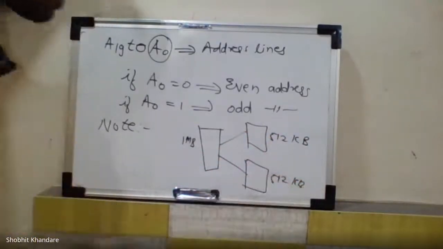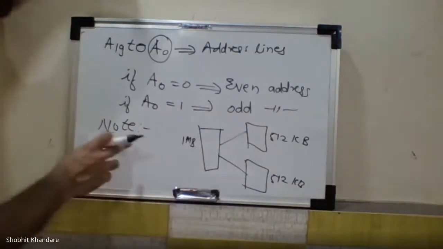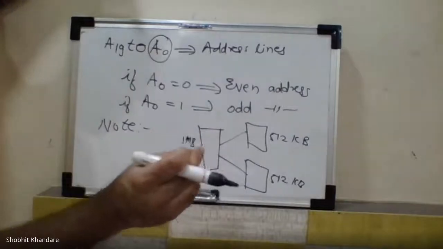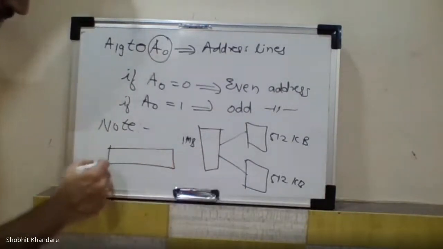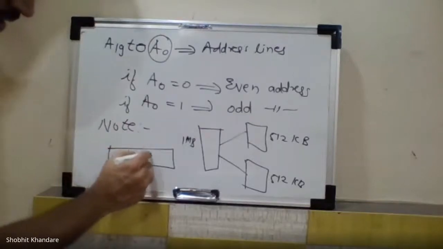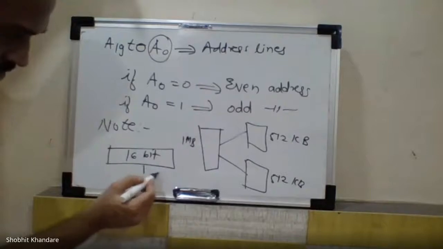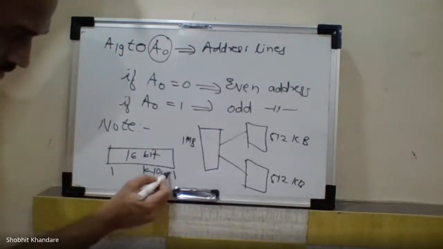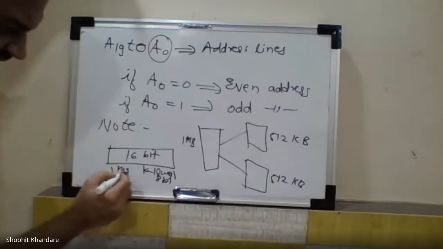Now if I want to store 16 bit of data, please pay attention, this is important. The 16 bit of data is divided into two parts: the lower 8 bit of data and the higher 8 bit of data.